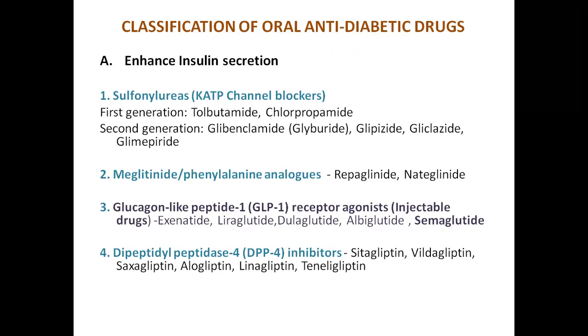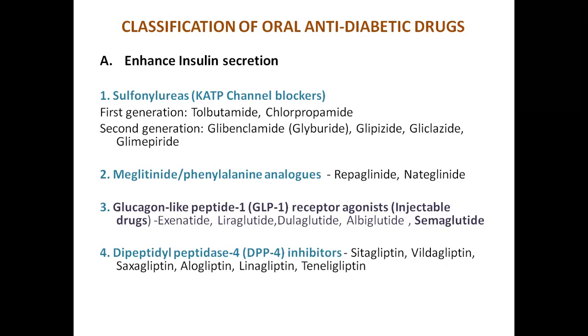They are sulfonylureas, meglitinides, glucagon-like peptide 1 receptor agonists, and dipeptidyl peptidase 4 inhibitors, also called DPP4 inhibitors. In the sulfonylureas group, we have two generations of drugs, first generation and second generation.